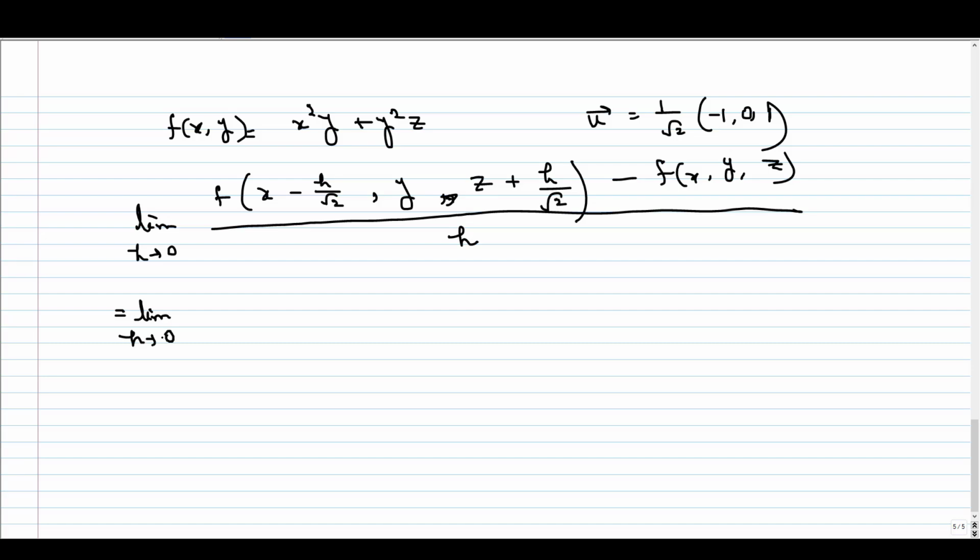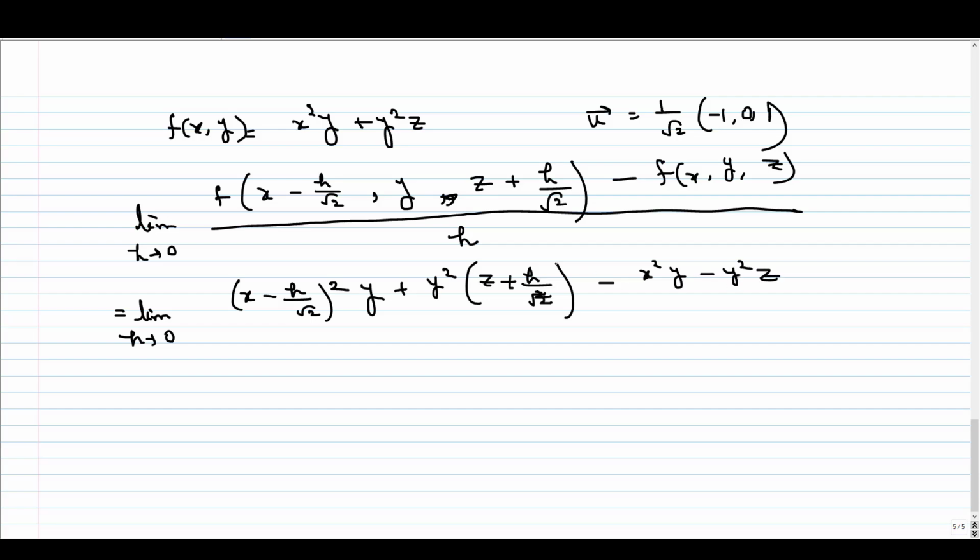So if I start to calculate this limit, for the first function what I get is (x minus h by root 2) whole square into y, plus y square into (z plus h by root 2). And what was f(x,y,z)? That is our given function x square y plus y square z, there is a minus sign outside, so I am getting minus x square y minus y square z, and I have to divide it with h.